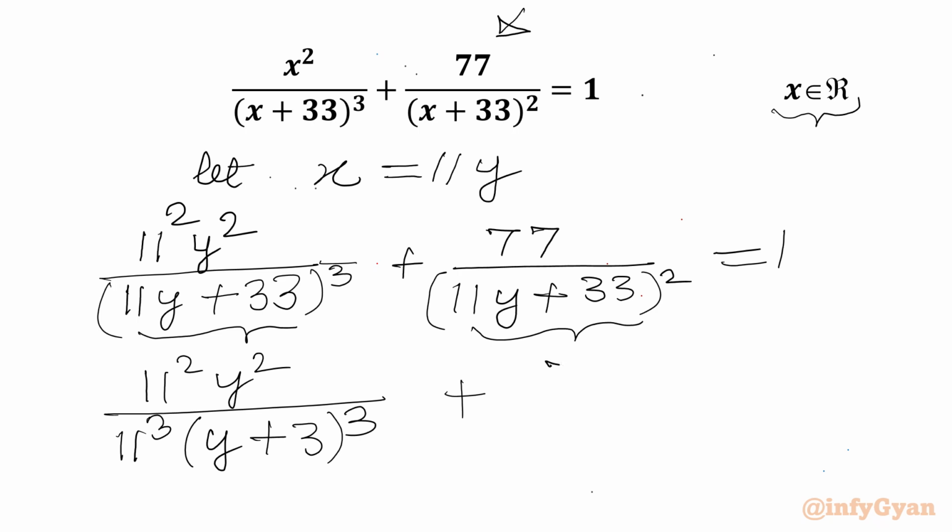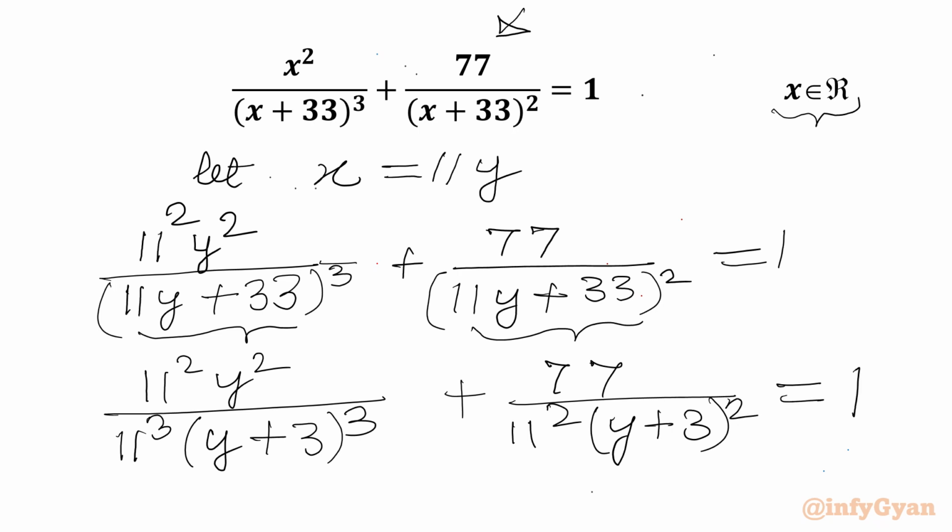Here I will write 77 over 11 square, as we have power 2 in the denominator, times (y plus 3) whole square, and RHS is 1. Now we can cancel 11 square with this power, so in the denominator there will be only 11. And here I will cancel 11 with numerator 77 and I need to write here 7.